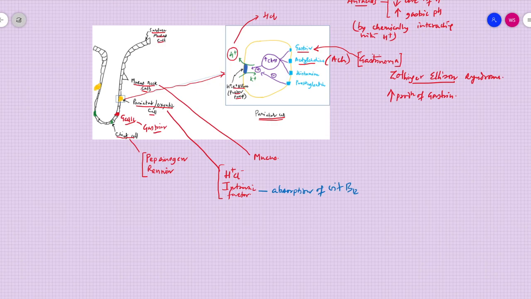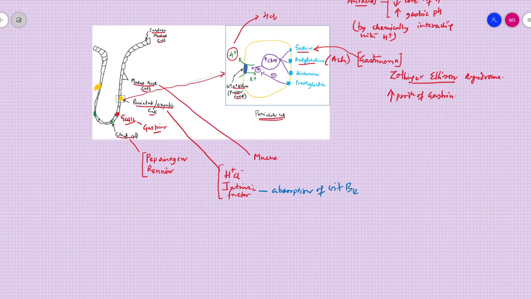Looking at this cartoon of the parietal cell, we understand that there are lots of things that can stimulate the proton pump. You can block the acetylcholine receptor here and thereby reduce the secretion of protons. Similarly, you can block the histamine receptor and decrease the protons that are formed.